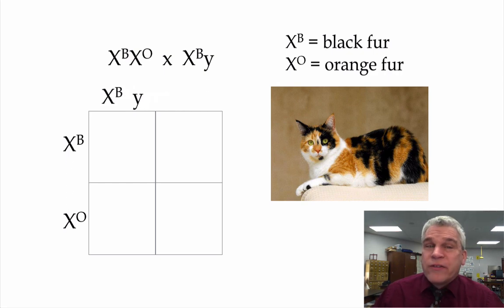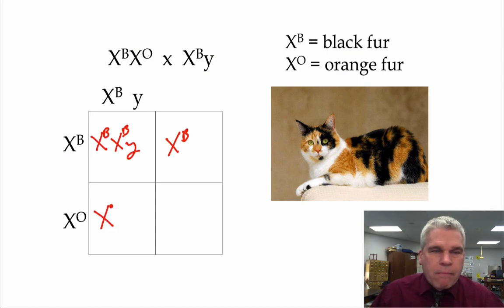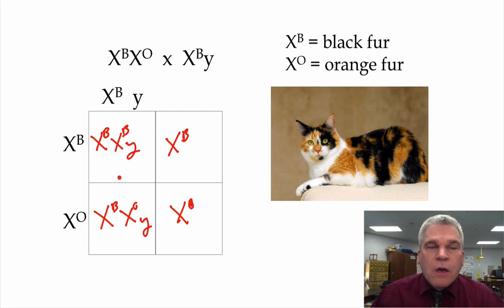And now one of the sperm cells has both the X and the Y. If we do this Punnett square, what we get is a black male cat, a black female cat, but notice here, this would be a calico male cat. Almost all calico cats are female because they have to have 2 X chromosomes. But in the case of non-disjunction, you can have 3 sex chromosomes and have a calico male. Calico males are very rare and very expensive. So if you happen to find one, keep it.